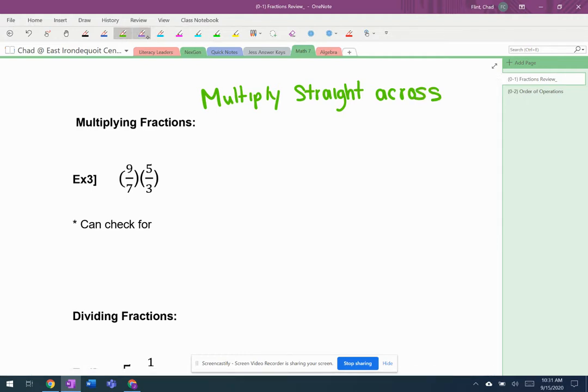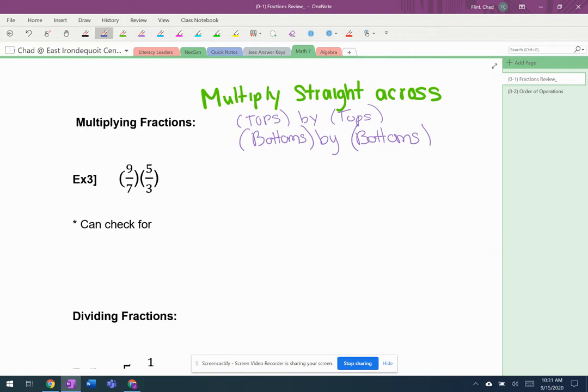So what I mean by that is that you're multiplying tops by tops and bottoms by bottoms, or numerators by numerators, denominators by denominators.